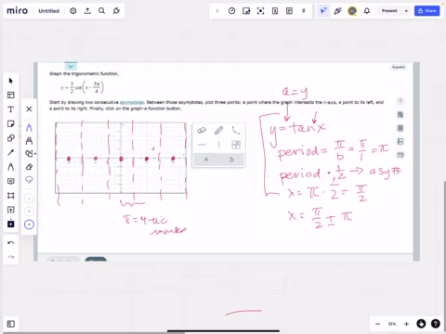And on the other side, we would go down to -1. We would do something like this for each of these.